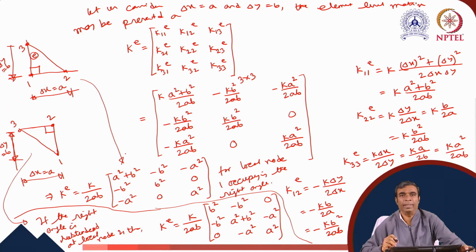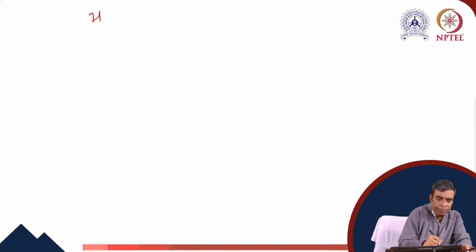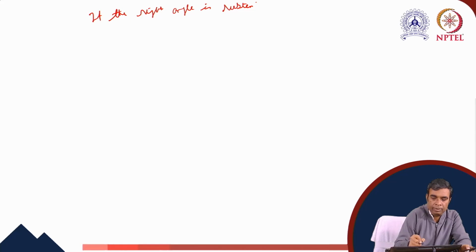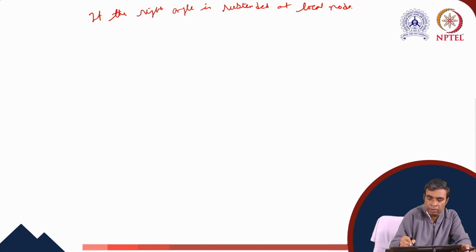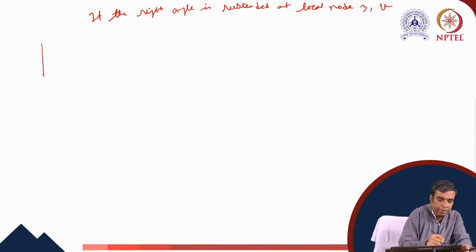Similarly, if the right angle is subtended at local node 3, then again these expressions will change. Then our triangle looks like this: one, two, three.